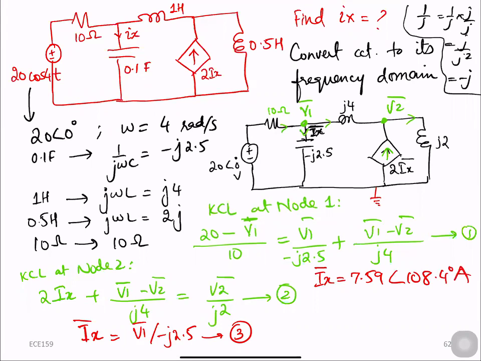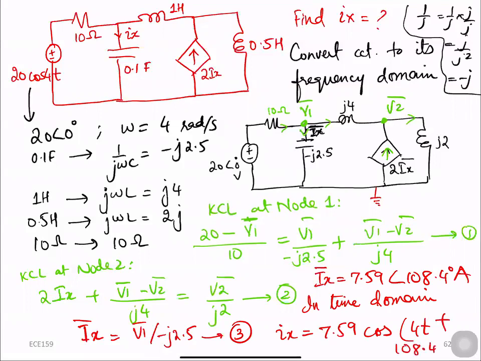this. So again, we can transform this one into time domain as well. So after we transform this one in time domain, because our first representation of the source voltage was in time domain, we can also write this Ix as 7.59 cos of 40t, 40 is the angular frequency, plus the phase.